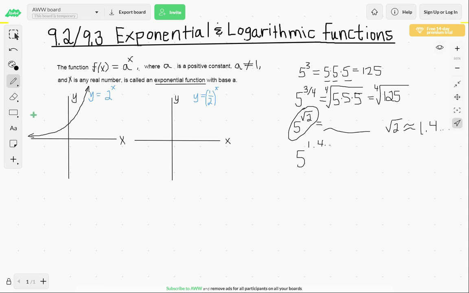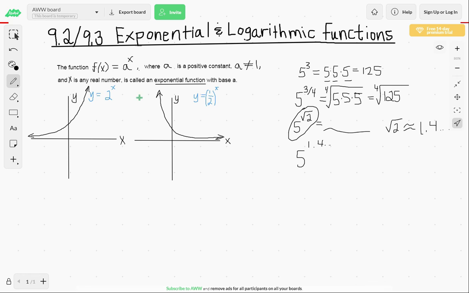That's called a horizontal asymptote. Every exponential function has a horizontal asymptote, here the x-axis, but don't worry too much about that language. And then y equals 1/2 to the x looks something more like this. I'll try to draw this as best as I can.